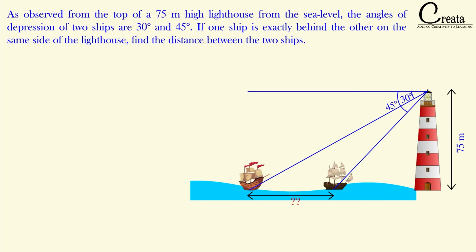Let's see how we approach the question. A point that you should note is that whenever we are having a question with angle of depression, the angle of depression are formed at the top point as we are looking downward. So these angles are formed at the top point. Somehow we have to transfer the angle from the top portion to the bottom portion because our triangles are formed at the bottom portion.